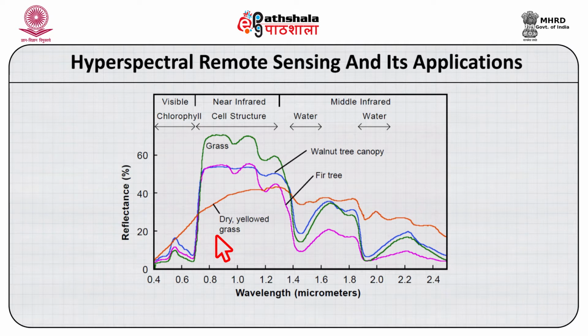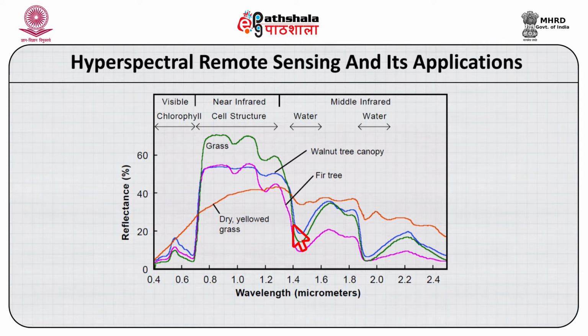The dry yellow leaf has a different reflectance on the left side, in the near infrared region, then we have the grasses, then the walnut tree canopy, then the fir tree. If you go to the 1.4 micrometer region of infrared, the separability is less.